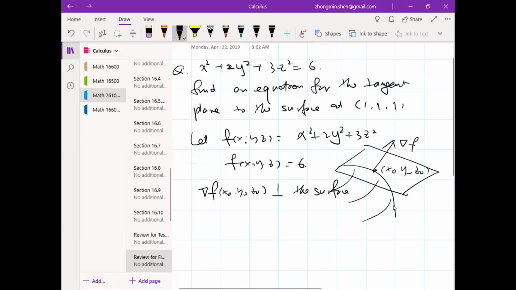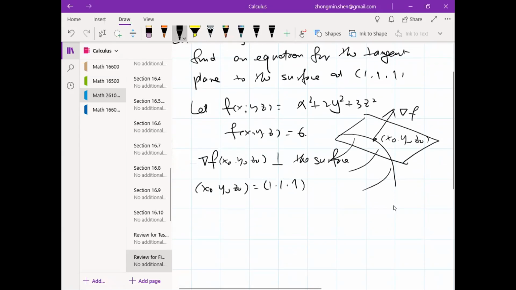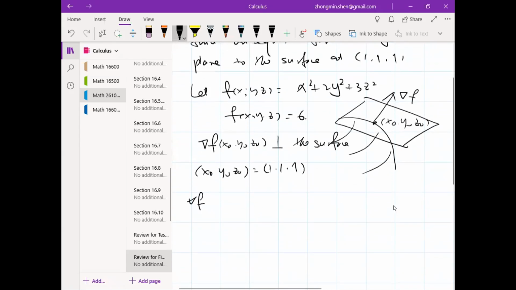Here the point is 1, 1, 1. And then we find the gradient. The gradient of the function is going to be 2x, 4y, and 6z. When you evaluate at that particular point, you get 2, 4, 6.